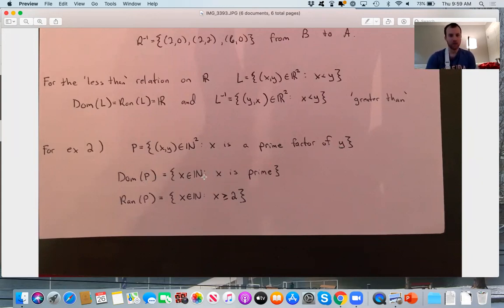And the other direction says, if you are prime, you'd have to come up with the ordered pair which shows that you actually appear as a first coordinate. You start with a prime number, then you write down the ordered pair that has that prime number as a first coordinate.